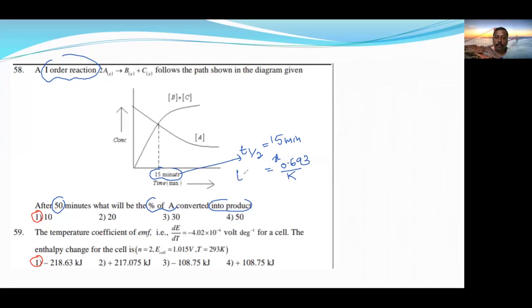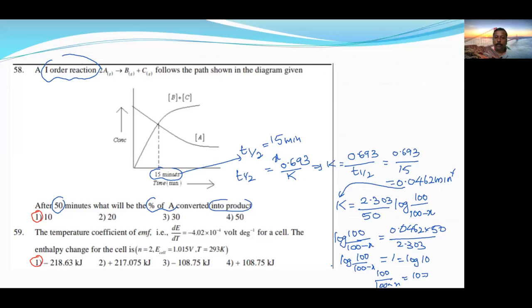So we can say K is equal to 0.693 by T half. So 0.693 divided by T half, which is 15 minutes. Okay, so you can solve what is the answer. 0.693 by 15.